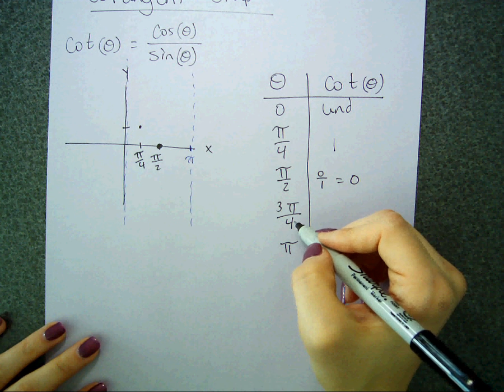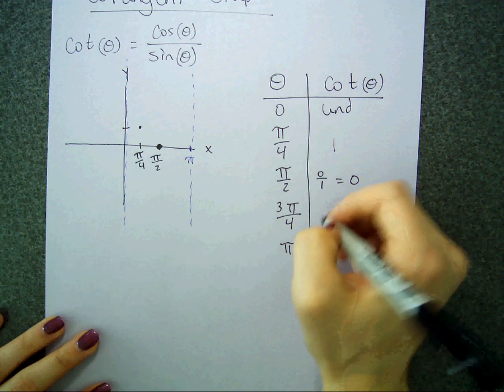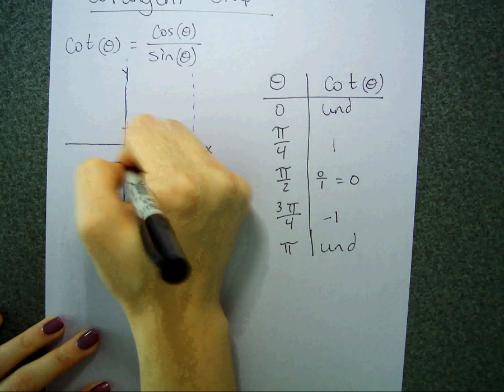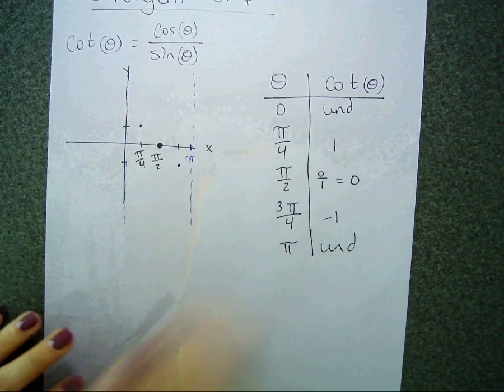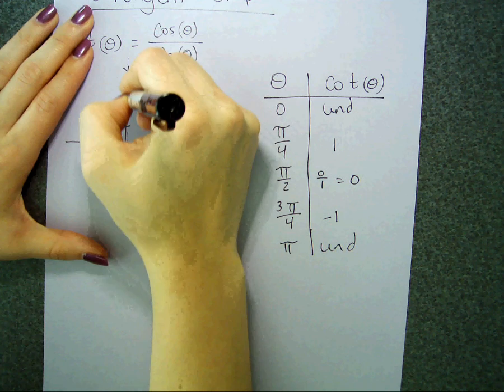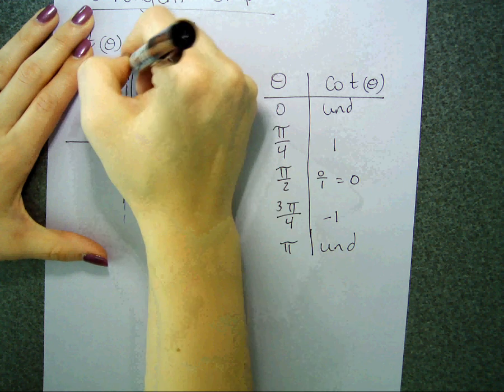So I have negative square root of 2 over 2 over square root of 2 over 2, which gives me negative 1. So at 3 pi over 4, I'm at negative 1. And so my cotangent graph looks very similar to my tangent graph, except it is flipped around the opposite direction.